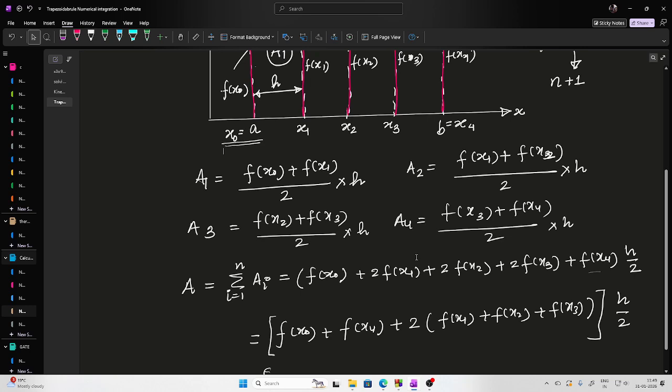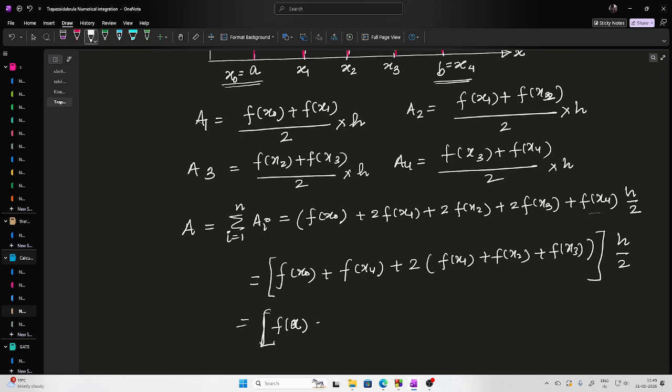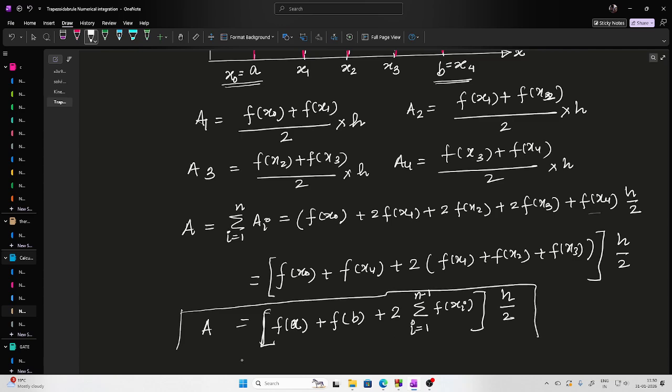What is f(x4)? It is nothing but the value of the function at the higher limit, that is f(b). And what are these? These are the sum of the values of the function f(xi) for i going from 1 to n minus 1, multiplied by h by 2. Now this becomes our generalized formula for the trapezoidal rule.